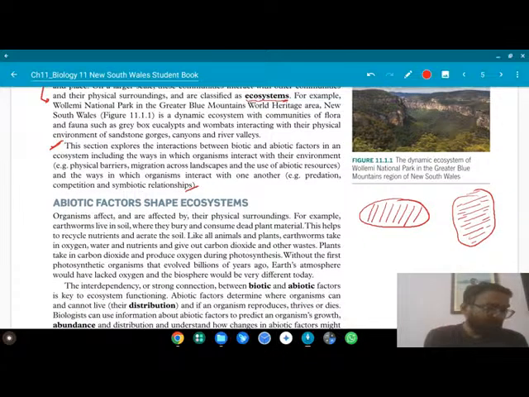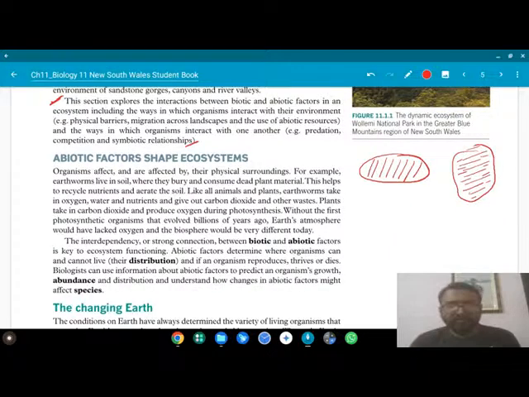So now, we discussed biotic and abiotic factors. What is meant by biotic and abiotic? Biotic are living factors, and abiotic are non-living factors, just like stone and other things.